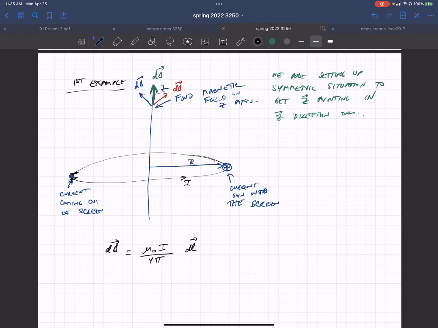So let me just write the whole thing, dl cross r hat, over the absolute value of r minus r prime, squared.